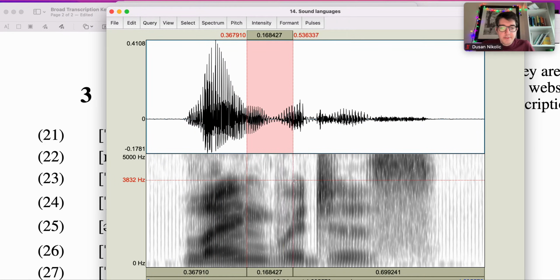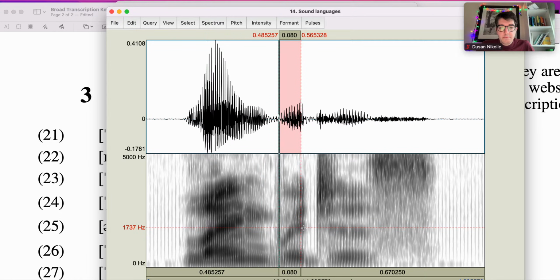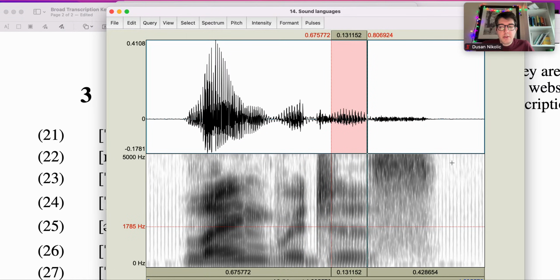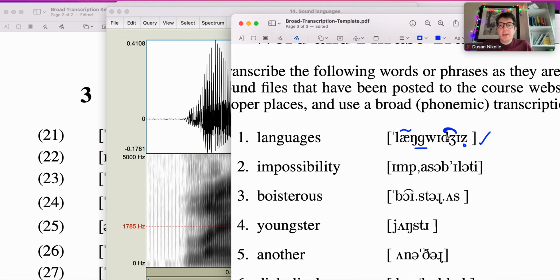Then we have this, this is okay. Yeah, this is okay. Languages, a is okay here, even maybe schwa would work, but it's perfectly fine.